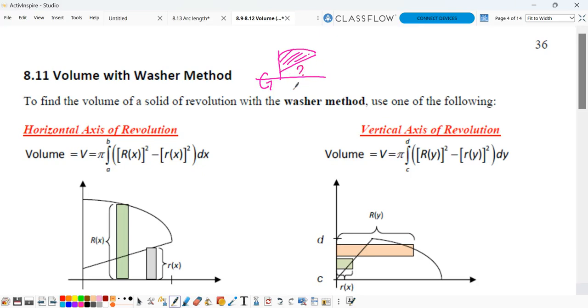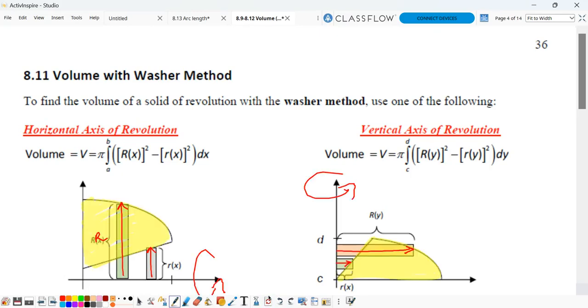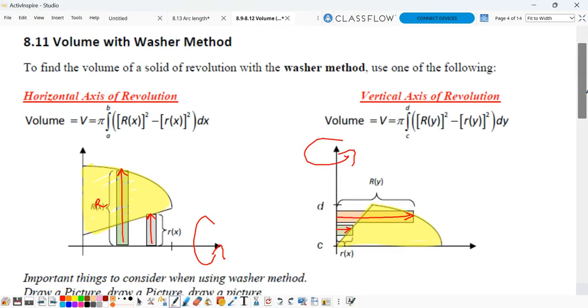You have to take out this shape. So let's explain from these actual pictures here and understand the formula. The axis of rotation is very similar to the disk method. Sometimes we rotate along the x-axis, sometimes along the y-axis. Now when we have a shape up in the air, we have to take out this volume.